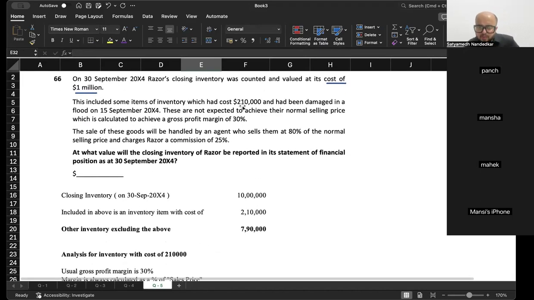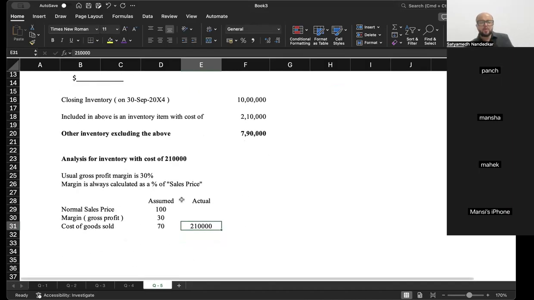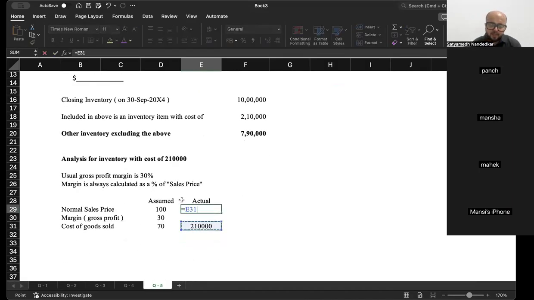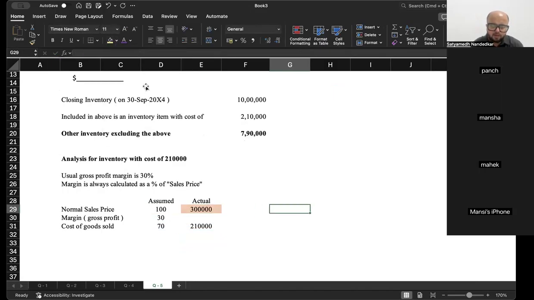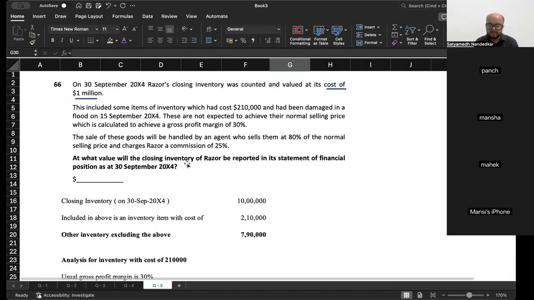Cost of the damaged item is 2,10,000, which means what will be the normal selling price? 2,10,000 into 100 upon 70, that is 3 lakh. How did I get 3 lakh? 3 lakh is equal to 2,10,000 into 100 upon 70. This is the normal selling price.